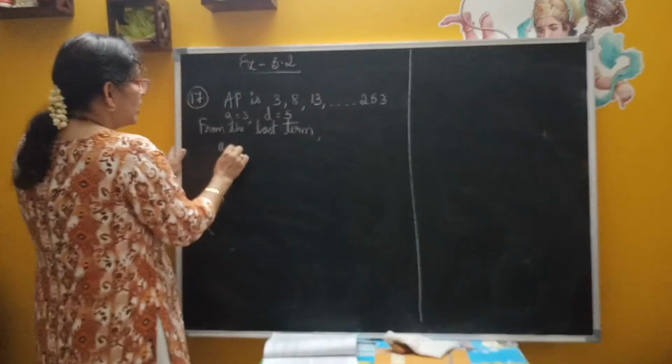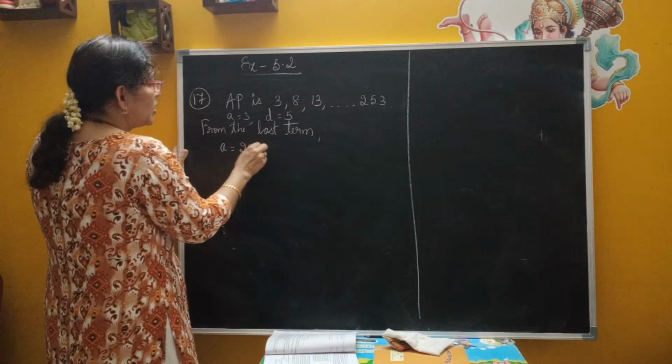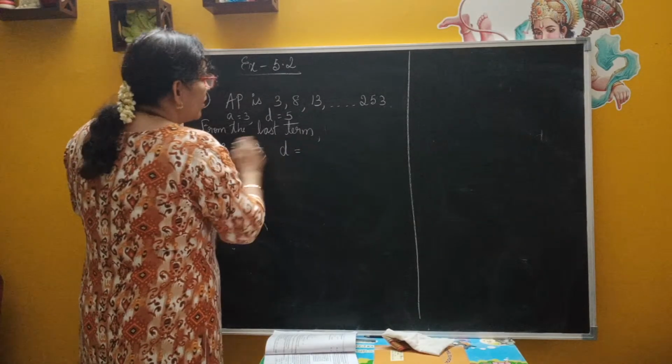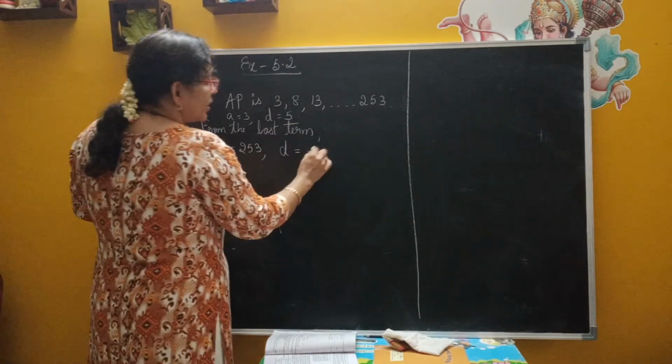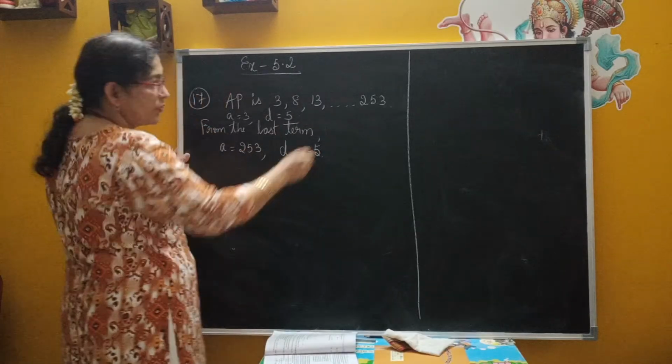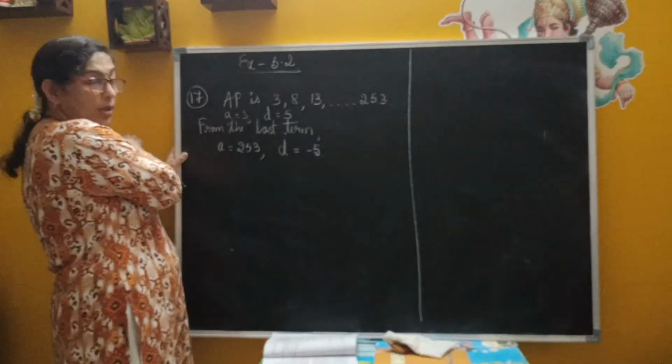So D is now minus 5. From the last term, A will be 253 and D will be minus 5, because it is in decreasing order.